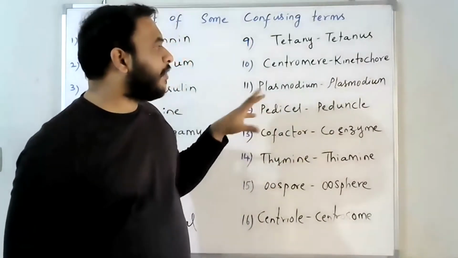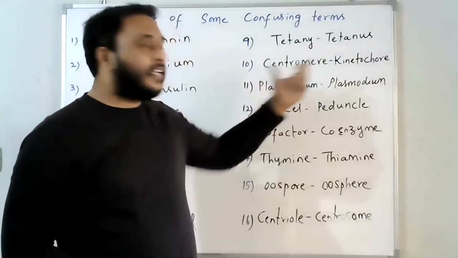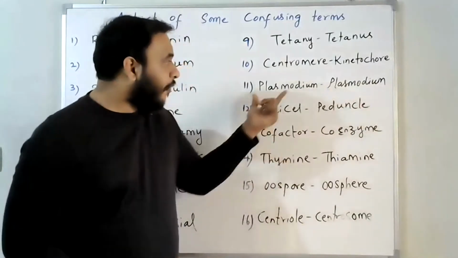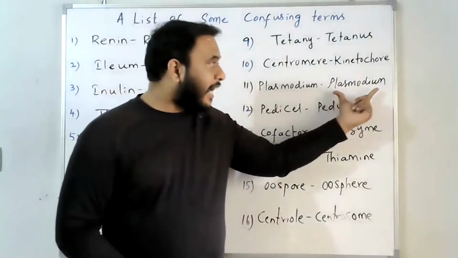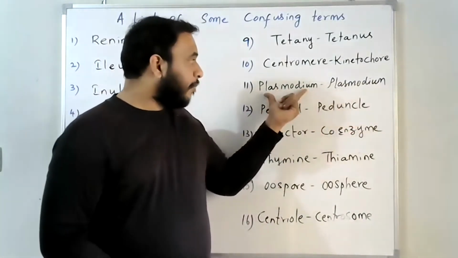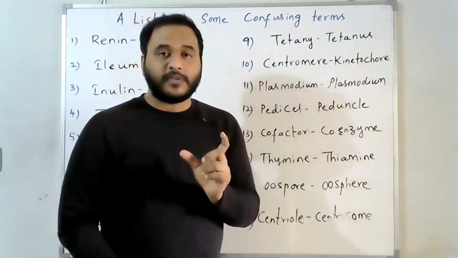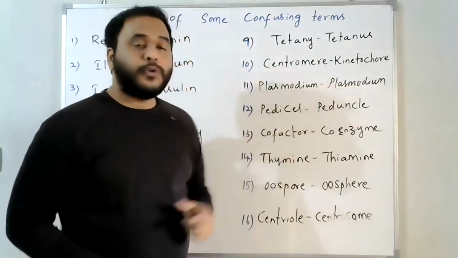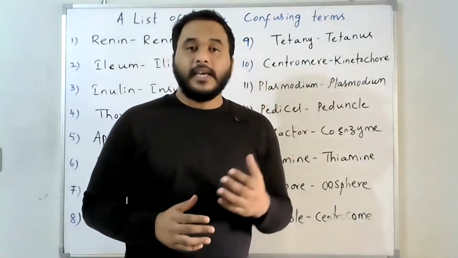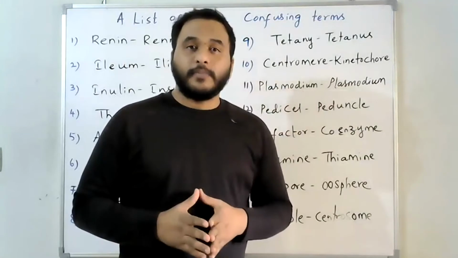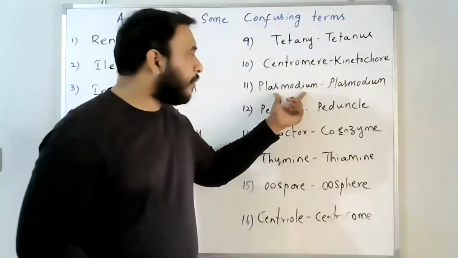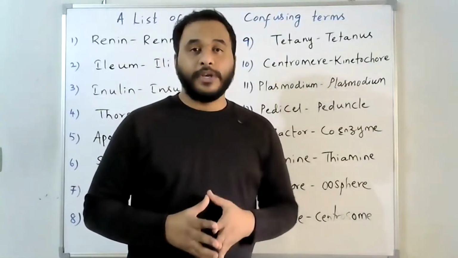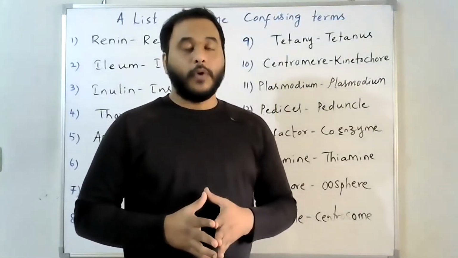Next, coming to the 11th one, only a letter is different in this: Plasmodium, but both are different, and the way we write them is also different. Observe here, Plasmodium is a genus name, which comes under protozoa. This genus is notorious, as it causes malarial disease, like Plasmodium falciparum, Plasmodium vivax, and Plasmodium ovale.